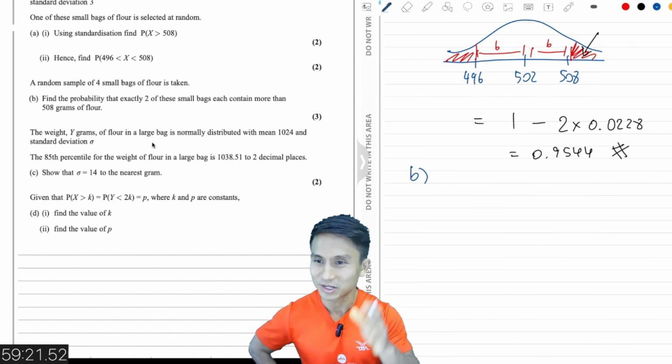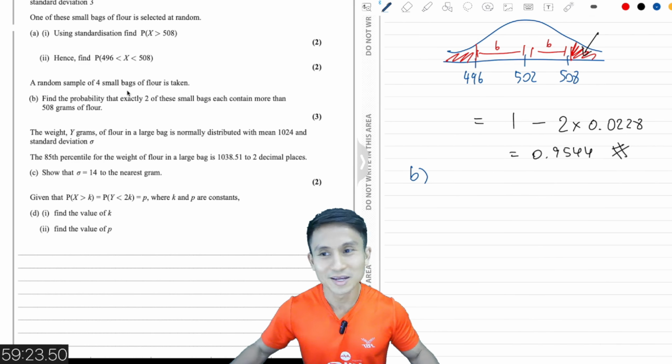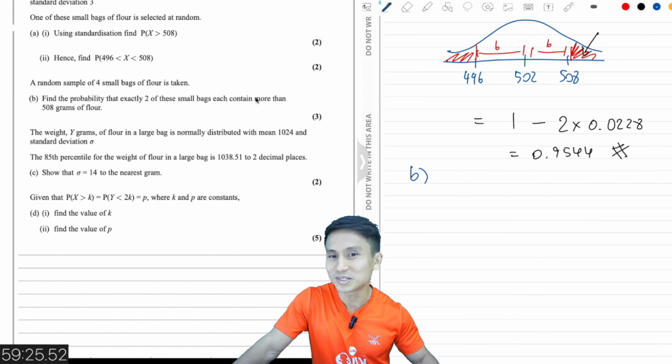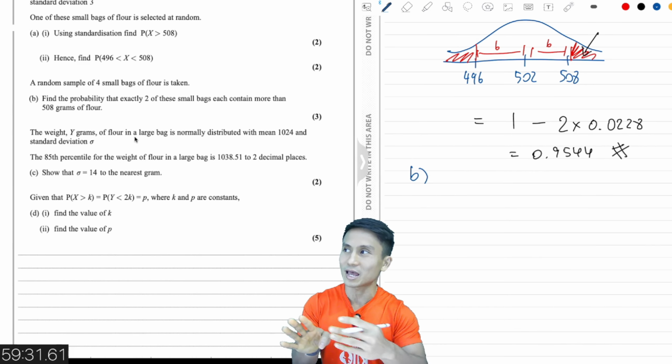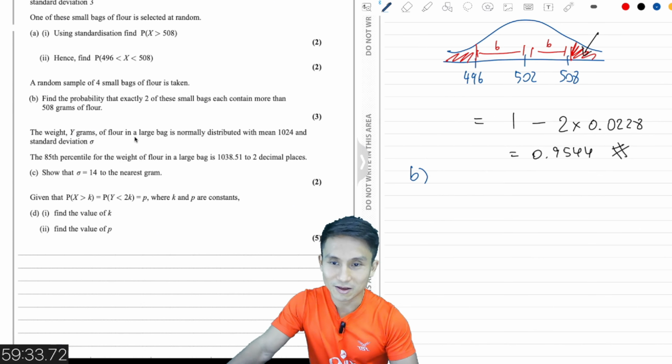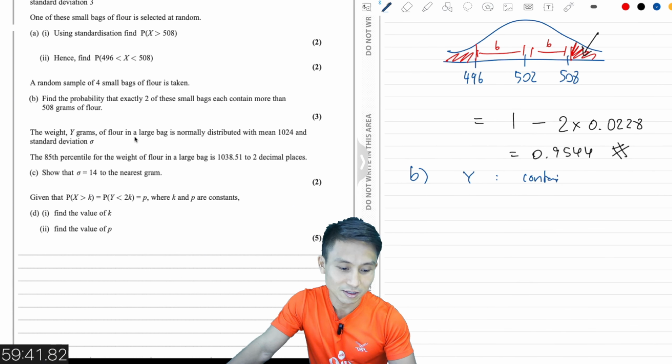I mean, this paper is S1, I'm using S2. Exactly 2 of these small bags each contain more than. So because 2 bags out of 4 you can have, I'm going to have yes and no. Yes represents contains 2 bags, yeah?